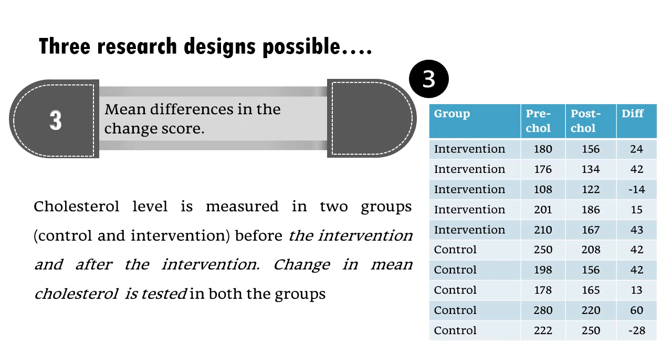And if you want to test the change in mean cholesterol level in both the groups, like you can see here, the differences in pre and post intervention in both the groups, then you can apply independent sample t-test to test the mean differences in the change score across the two groups.